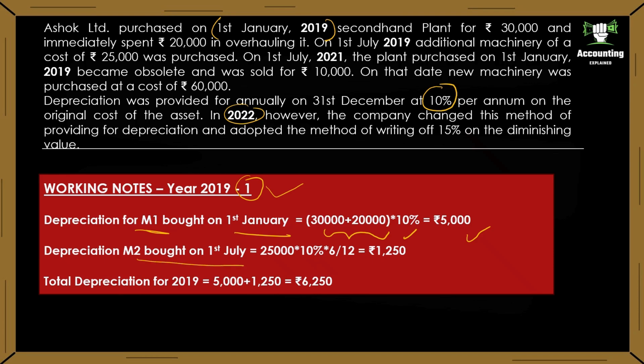We have bought another machinery on 1st July 2019, so that depreciation will be for 6 months from July to December. 25,000 is the value of that machinery. 25,000 into 10% into 6 by 12 comes to 1,250. So total depreciation for 2019 is 5,000 plus 1,250, it is rupees 6,250. Now we are going to open plant and machinery account for 2019.